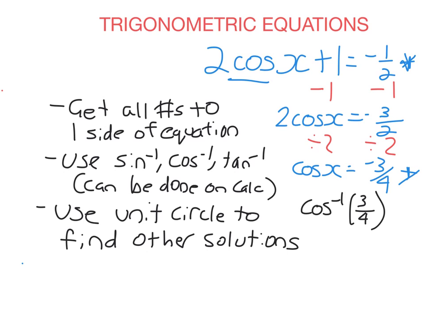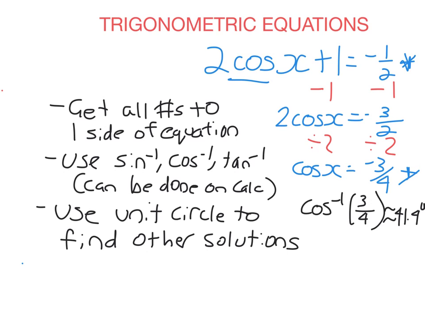So let's go ahead and put that on our calculator. When I put cos inverse of 3 over 4 on my calculator, I get approximately 41.4 degrees. Make sure your calculator is in degrees, not in radians, because then you'll get a totally different answer.